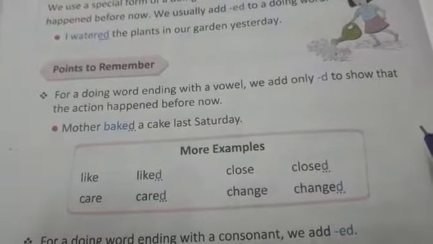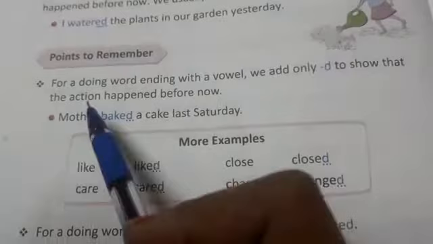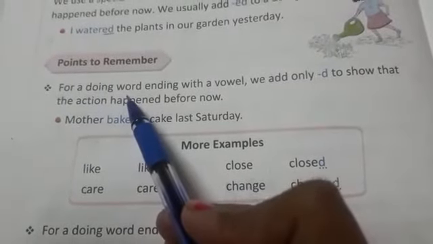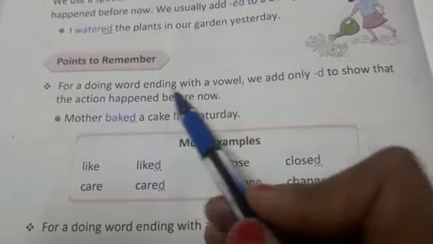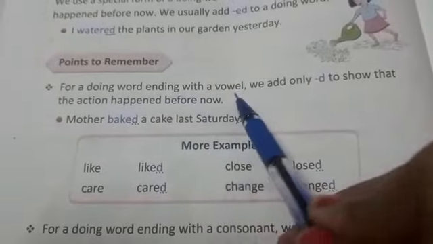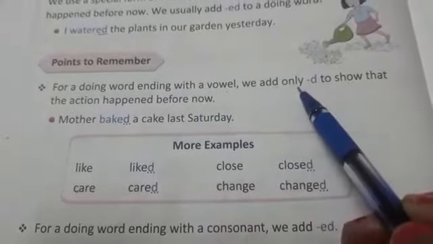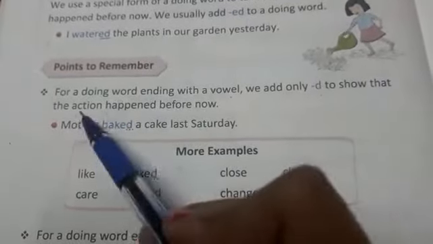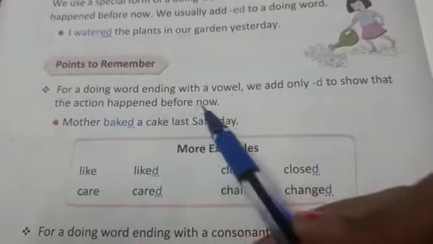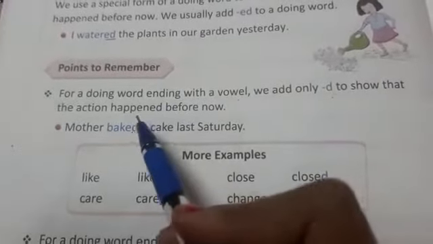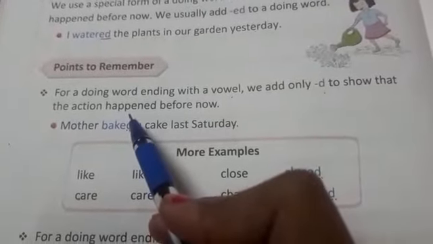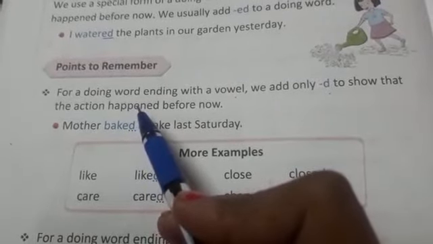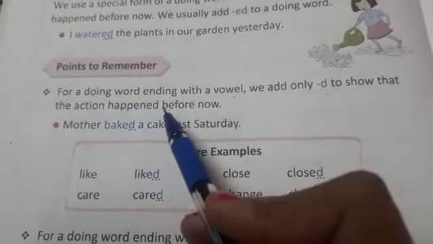Now we'll see some more points. For doing words or action words ending with a vowel, we add only d to show that the action happened before now. You already know the vowels: a, e, i, o, u.